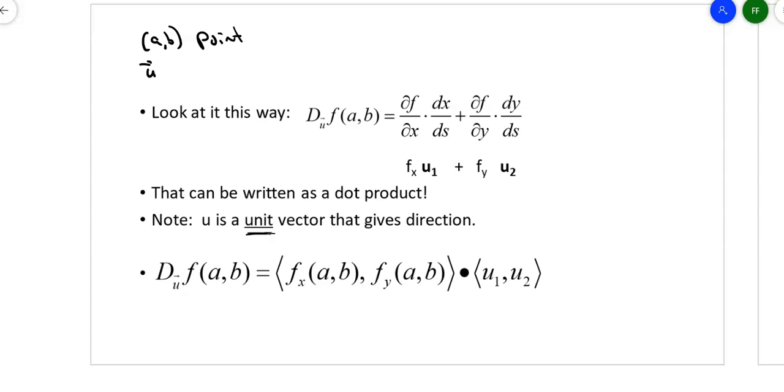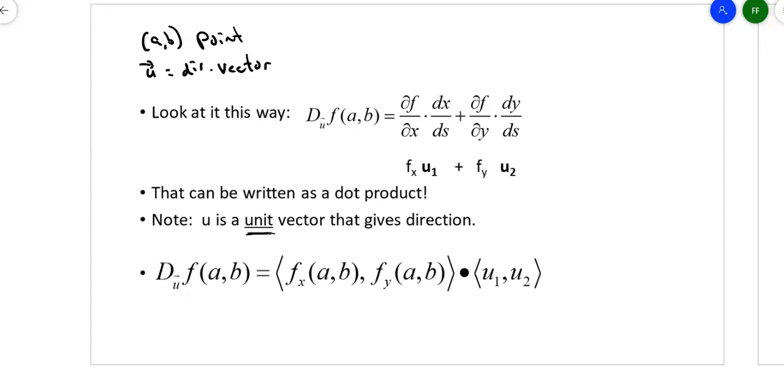That u is the direction vector. So you want the derivative in a certain direction. That vector u1, u2 will give you the direction. And then what you end up with is the partial derivative of x, the partial derivative of y, and a dot product. Not just a multiplication, a dot product between the directional derivatives and the direction vectors.